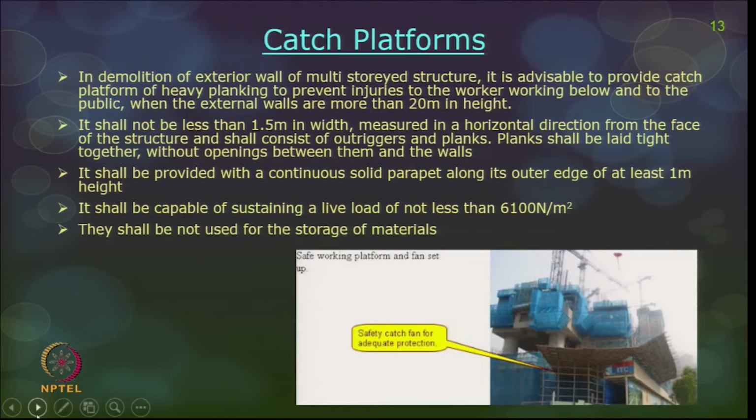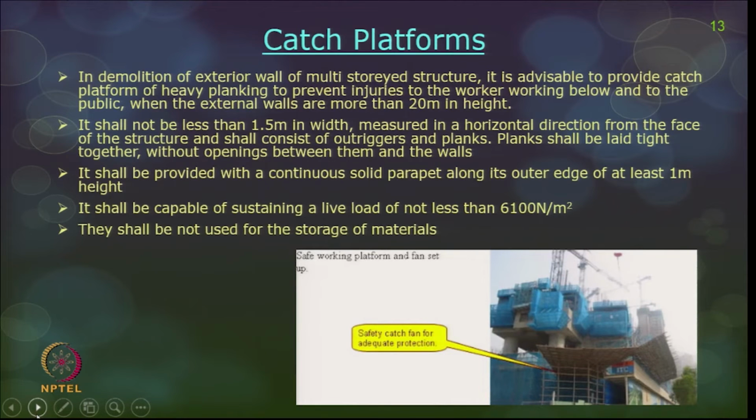These catch platforms shall not be less than 1.5 meters in width, measured in a horizontal direction from the face of the structure, and shall consist of outriggers and planks, and the planks shall be laid tight together without any openings between them and also between the walls, so that loose pieces do not fall off to the ground level. So, it should be able to catch all the debris.